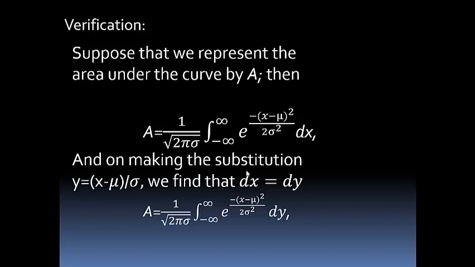By substitution, we get A equal to 1 over the square root of 2 pi times the integral of e to the negative 1/2 y squared dy.